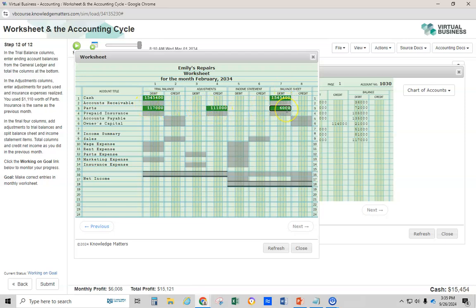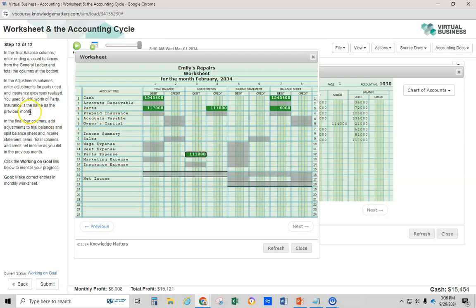So now notice the new debit balance is $60 because we credited it by this amount. Now, there's always a corresponding expense for all of these adjustments. So parts expense, we're going to go down here, and that gets debited by the same amount, because these two columns go together, this adjustment column. So we're going to type in the 1110, and now these guys match, and they turn green.